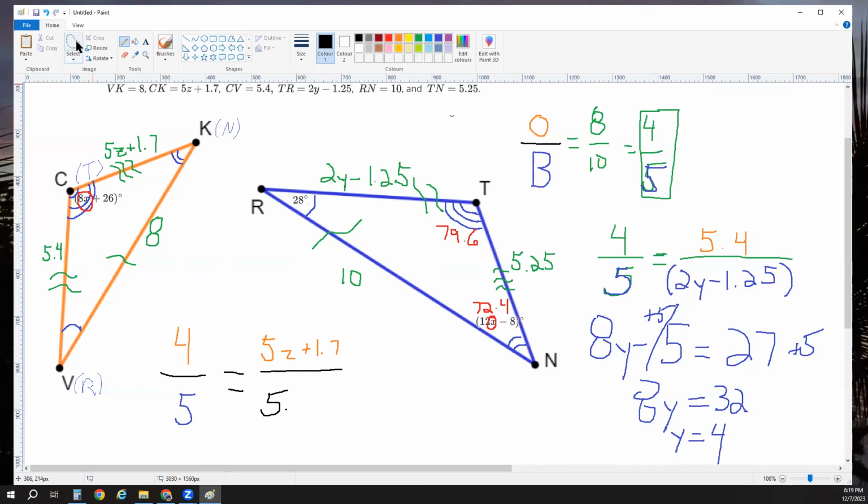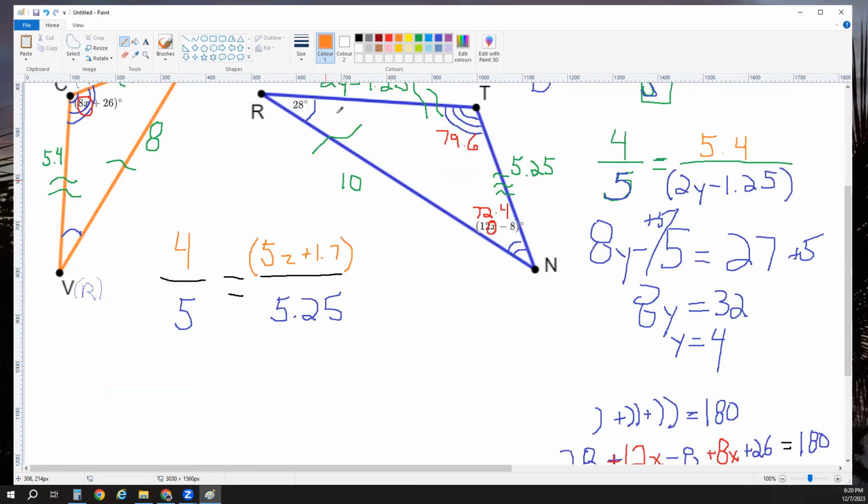Oops, that's supposed to be a different color. That's 5.25 actually, 5.25. And I've got to distribute again on this guy. So I'm going to cross multiply. I'm going to make this 4 times 5.25.